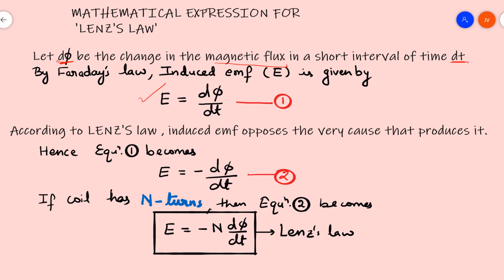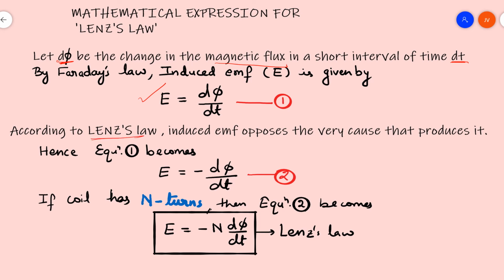According to Faraday's laws, induced EMF is the rate of change of magnetic flux. Magnetic flux is the number of lines of force per unit space near a magnet. So induced EMF E is equal to d phi by dt, where d phi by dt is the rate of change of magnetic flux or rate of change of magnetic field.